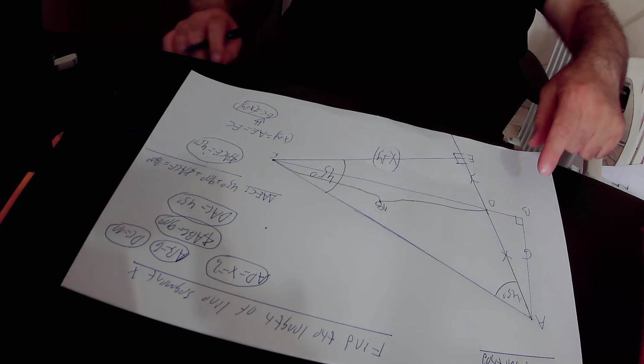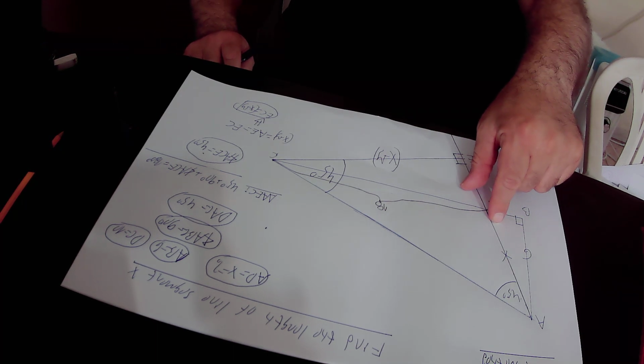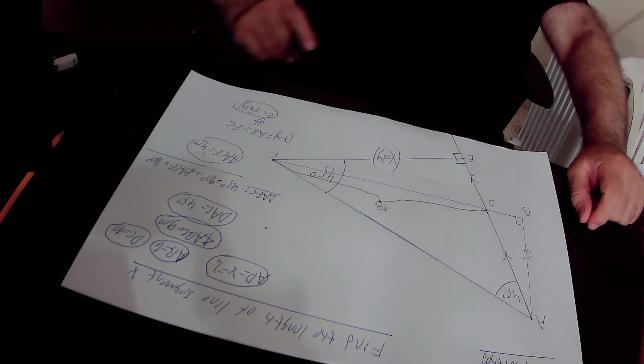And we also know that those two angles are equal to each other because they are vertex angles. And we have the rule that vertex angles are equal to each other.